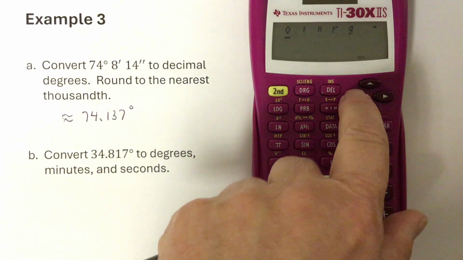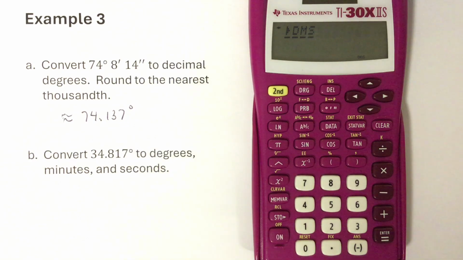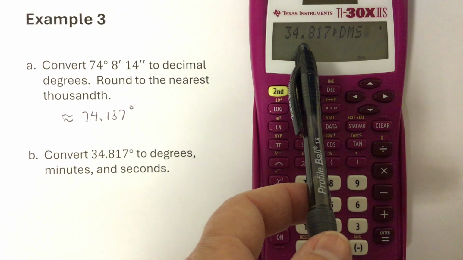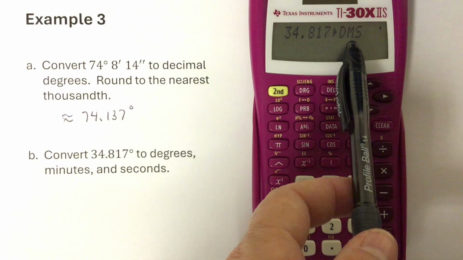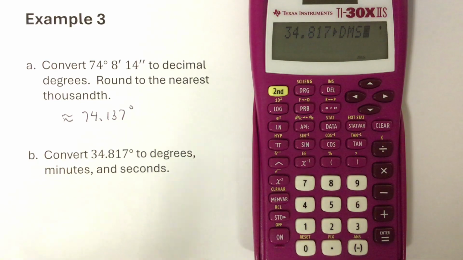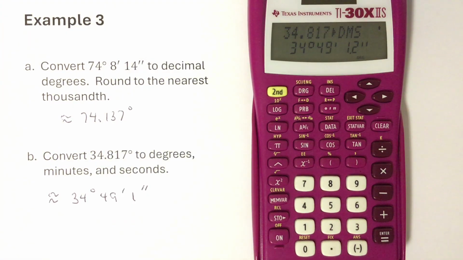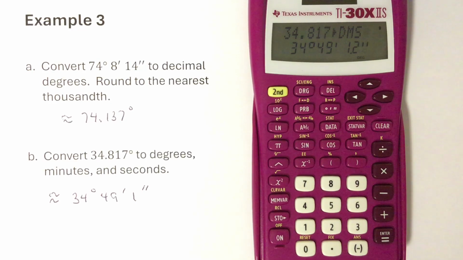So remember, you can hit the left arrow button one time to get to that second screen, and then you hit equal to put the command on the screen, and it says it's going to convert 34.817 degrees to DMS form, but we have to hit equal one more time to make it actually do it. And so now you can see that we ended up with 34 degrees, 49 minutes, and 1.2 seconds, just like before. But remember that we always round to the nearest second.